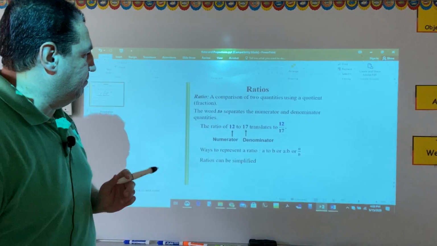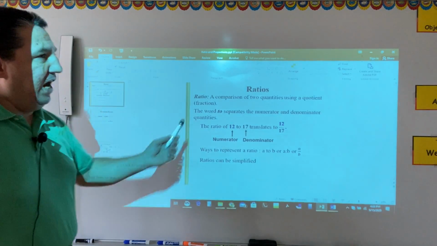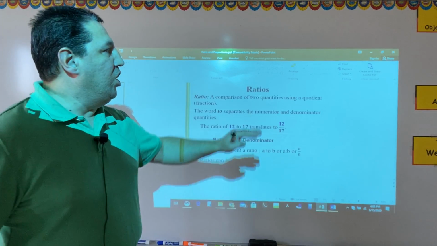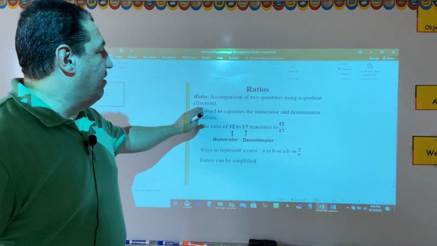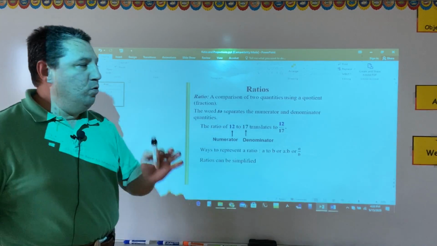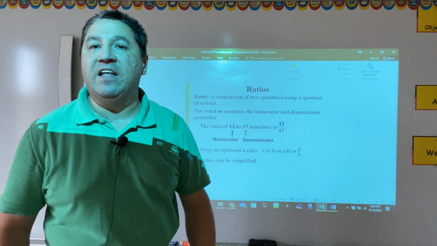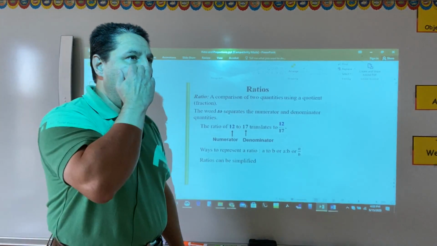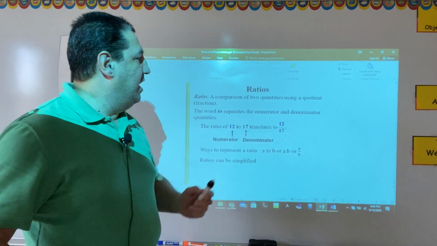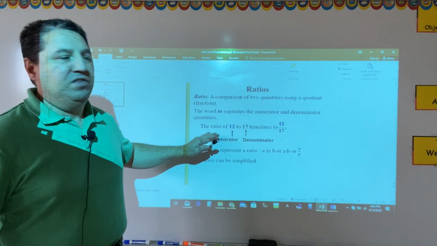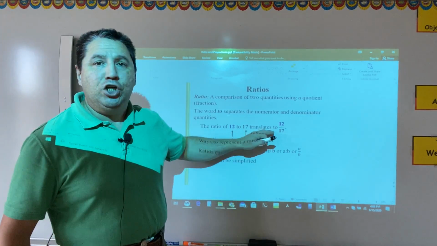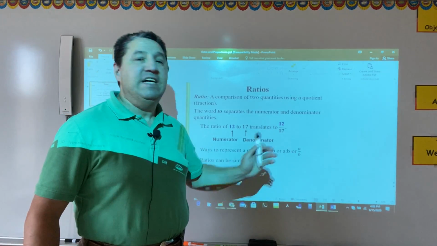First, ratios. A ratio is a comparison of two quantities using a quotient or a fraction. The word "to" separates the numerator and denominator. For example, the ratio of 12 to 17 translates to 12 over 17.